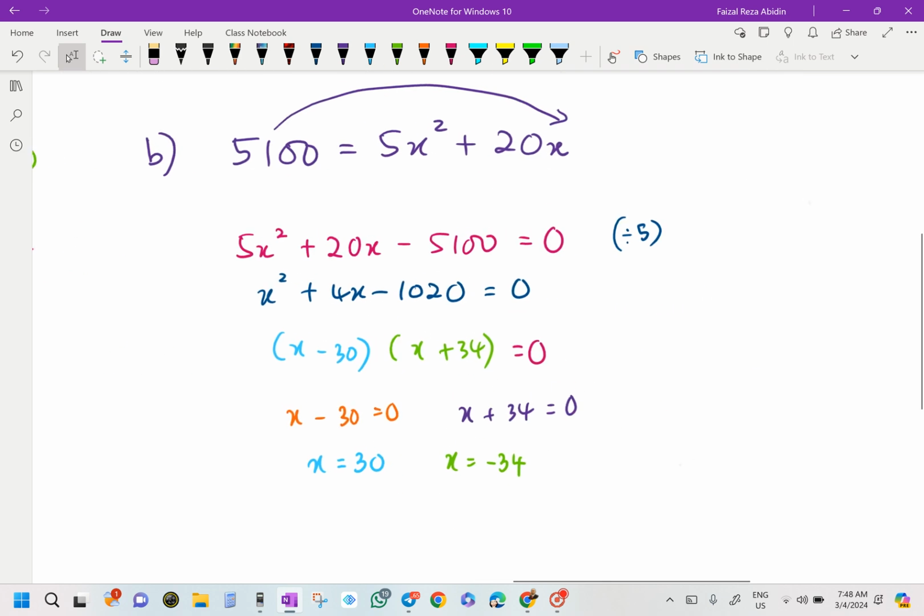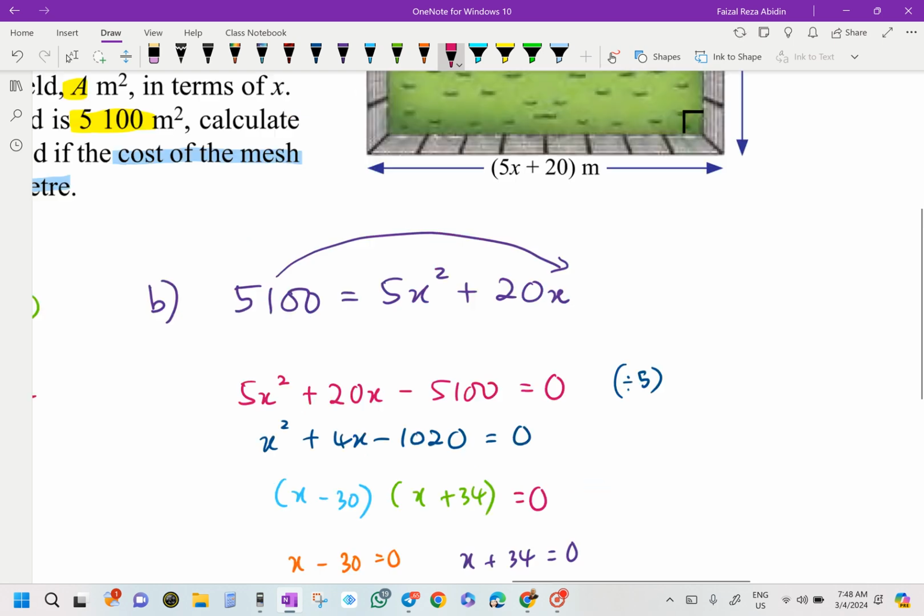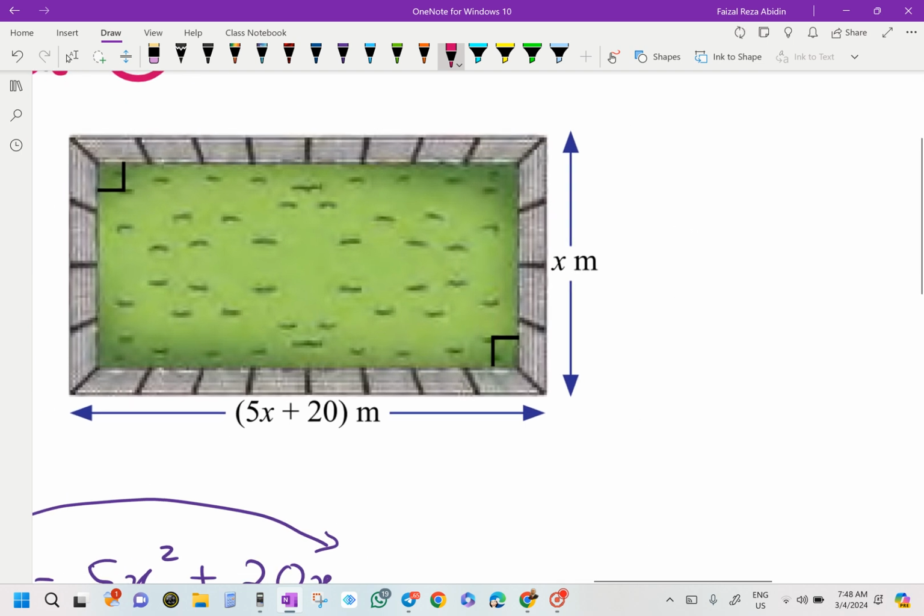So can we take the value of x negative 34? You are going to ignore this one. You have to mention ignore. So we are going to take the value of x as 30.